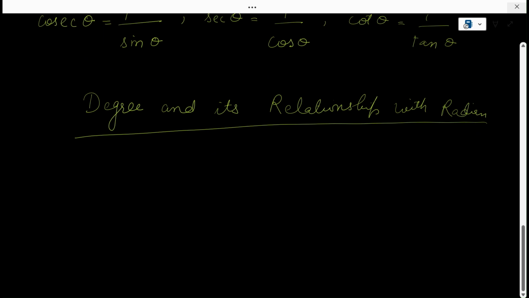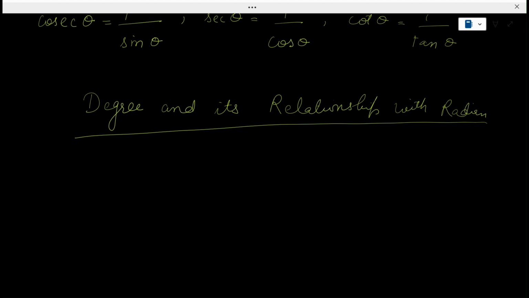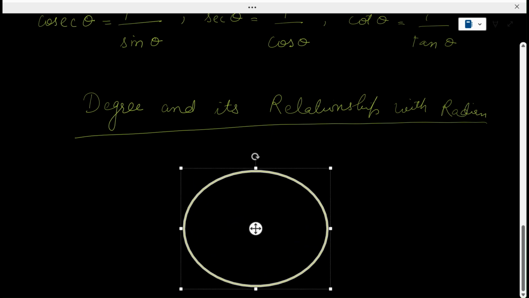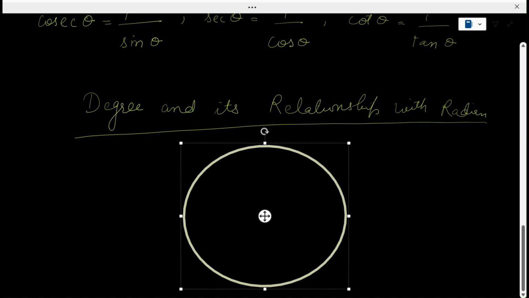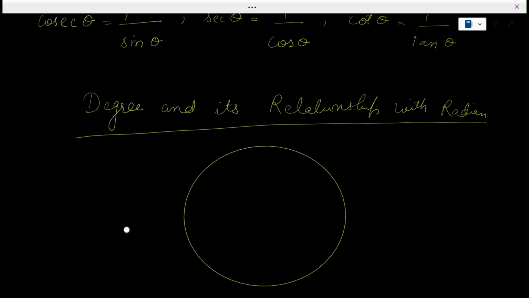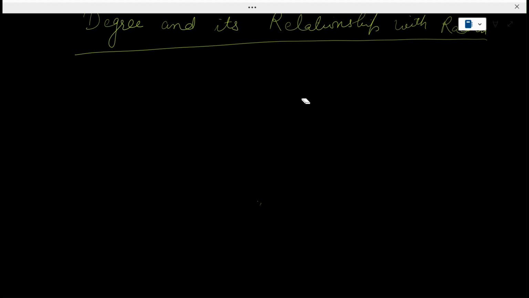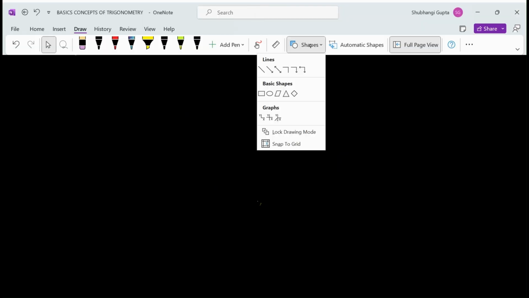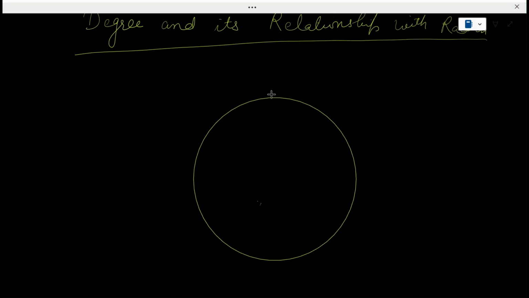To understand this, let us take a circle. Sorry, let us draw it once again because it is not properly drawn. Alright, this is perfect.